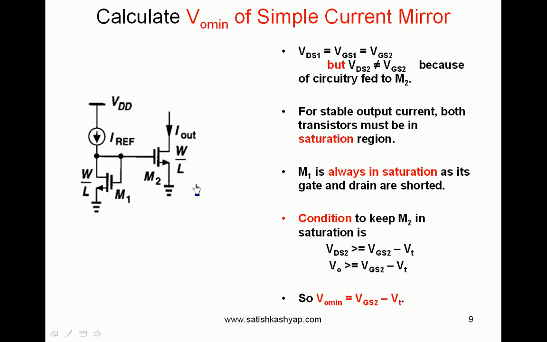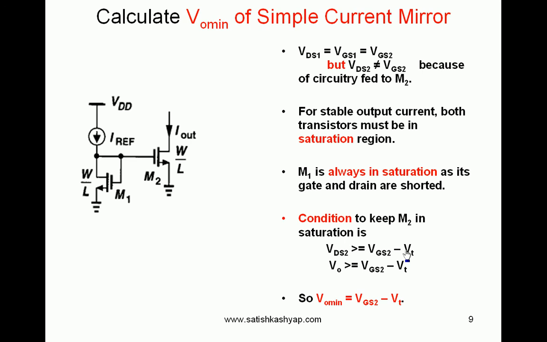To keep M2 in saturation, the condition is drain voltage should be greater than gate voltage minus VT. VDS2 should be greater than or equal to VGS2 minus VT. You must apply the voltage across drain to source as either equal to VGS2 minus VT or greater than that. If it is greater, definitely M2 will be in saturation. If it is equal also, M2 will be in saturation.